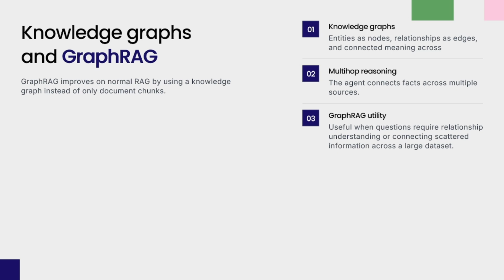So GraphRAG improves on normal RAG by using a knowledge graph instead of only document chunks. Instead of using document chunks embedded in a vector store, it uses a knowledge graph.